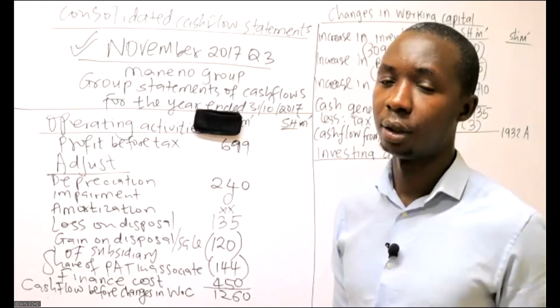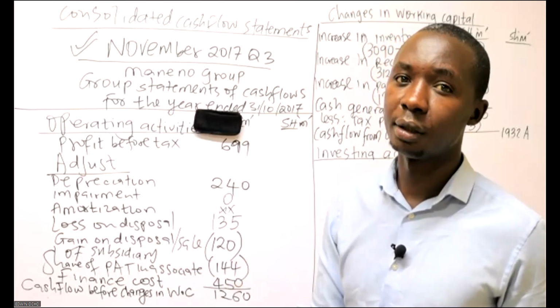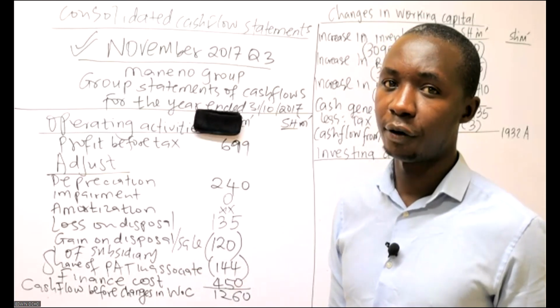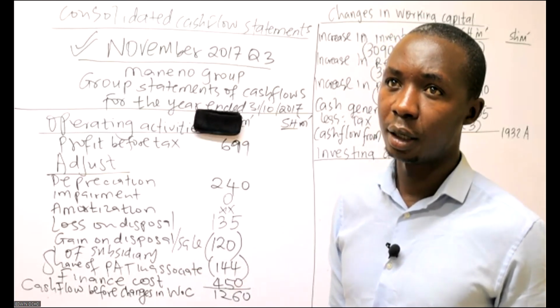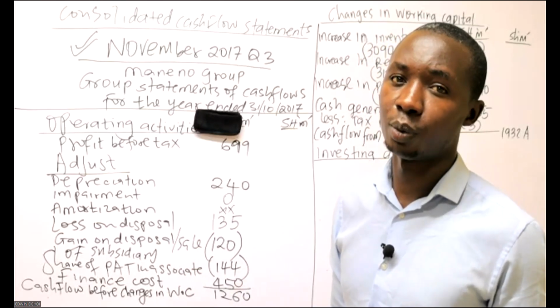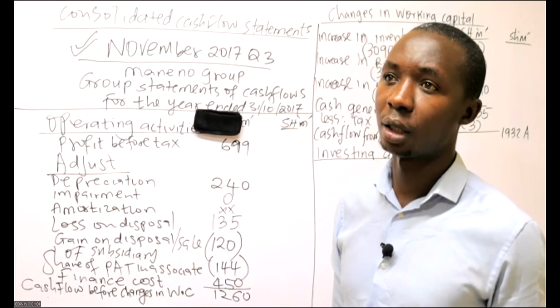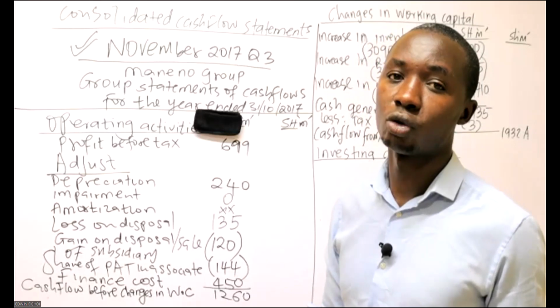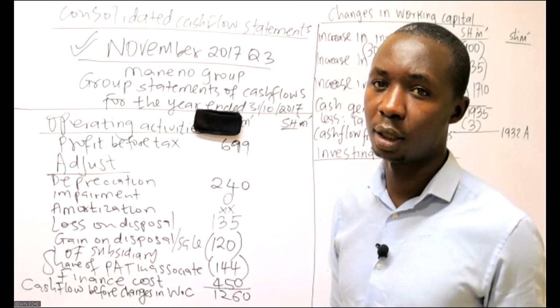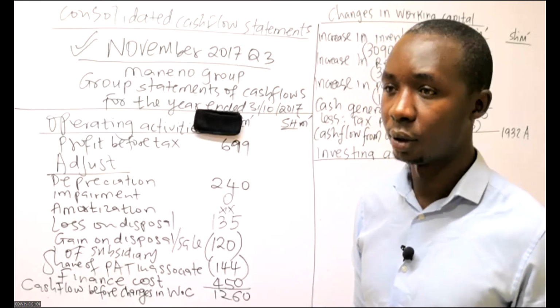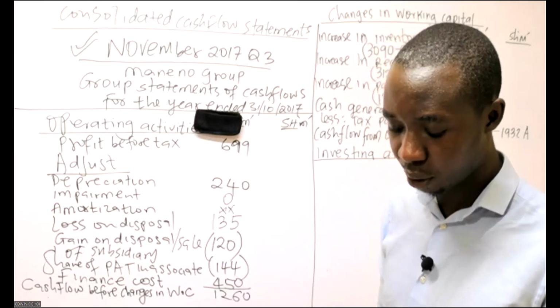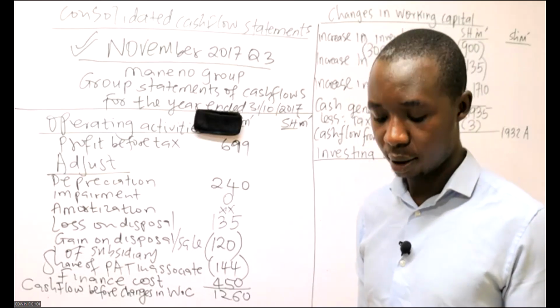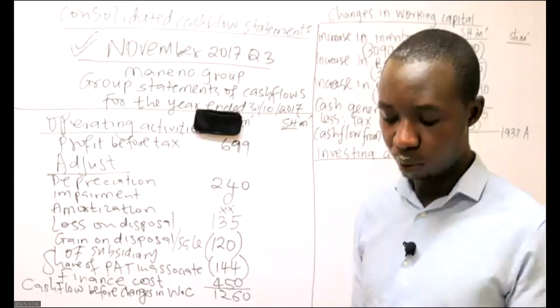Based on that, you check for the dividend received. Then finally, here we have a subsidiary which was disposed. We have to check what Maneno received from that disposal. That's all, nothing else.